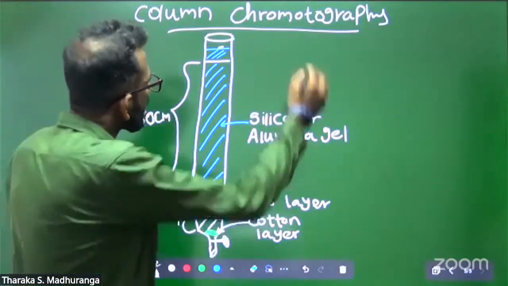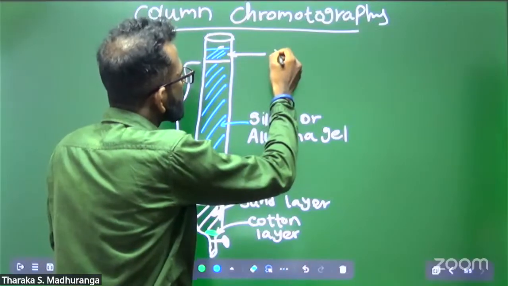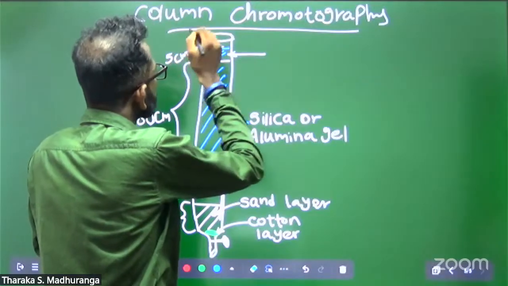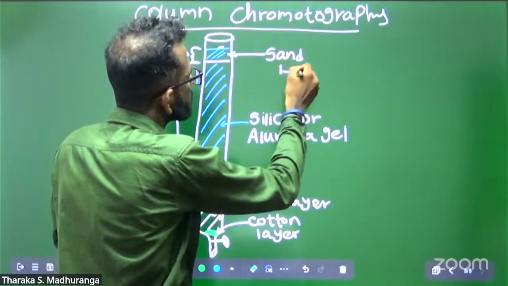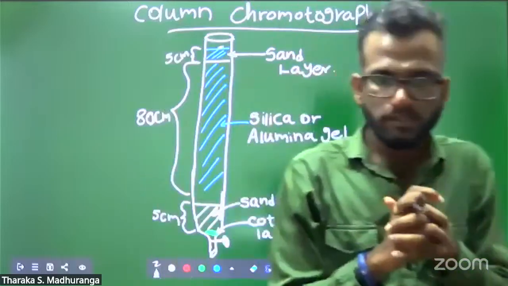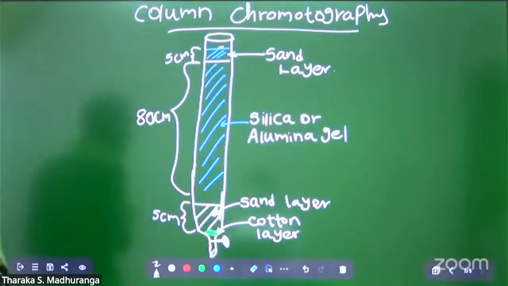Finally, at the top of the column, you need to add approximately 5 centimeter, again a sand layer. Okay, that is the column we need to prepare first. First, we need to prepare the column for the column chromatography.